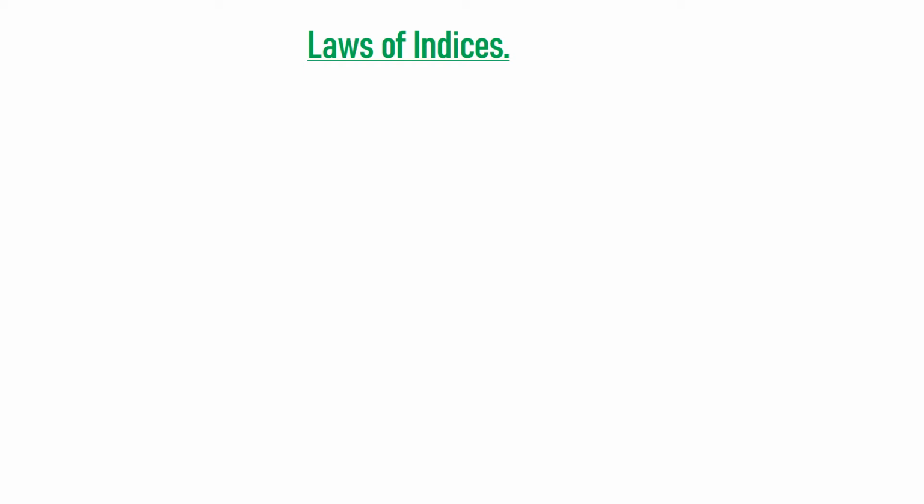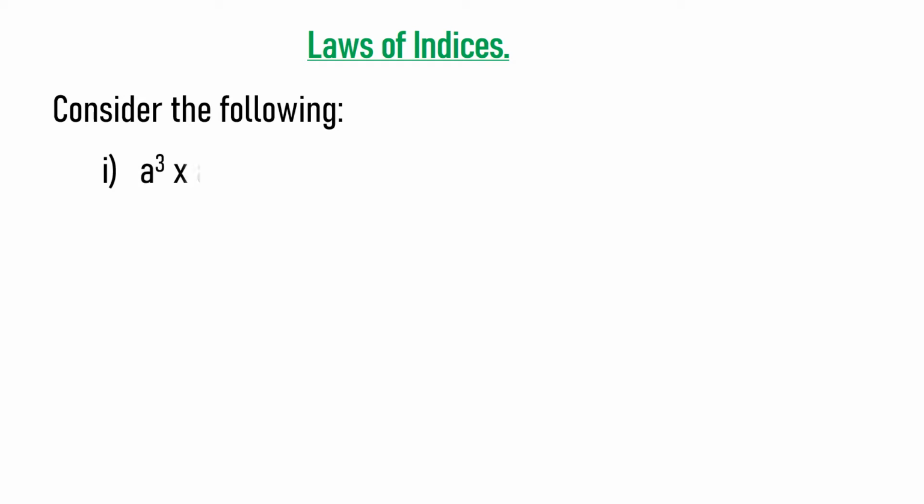Laws of indices. Let us consider the following. 1. a power 3 times a squared. This is the same as a times a times a, that gives us a power 3, then times a times a, which is a squared.